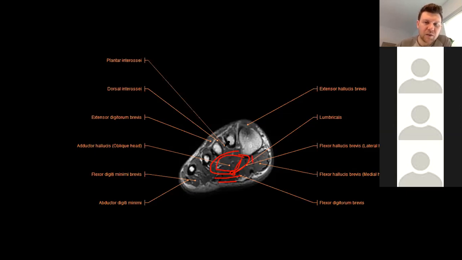And your lumbricals are in layer 2. Your interossei are going to be in layer 4 here, where you have your plantar interossei and your dorsal interossei. Technically, the only dorsal musculature is your extensor digitorum brevis.